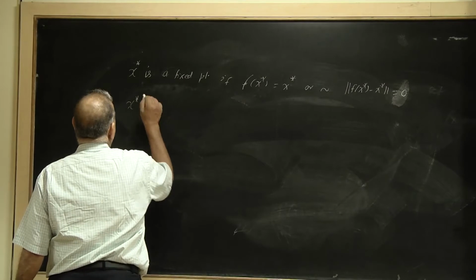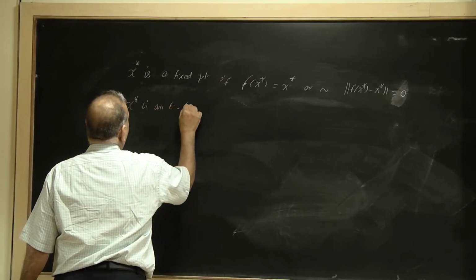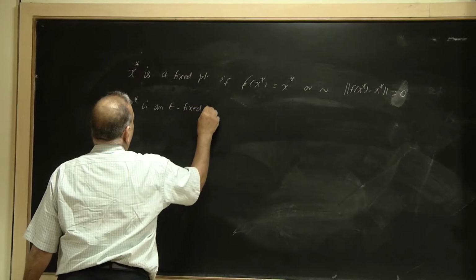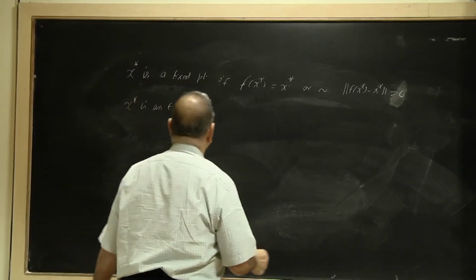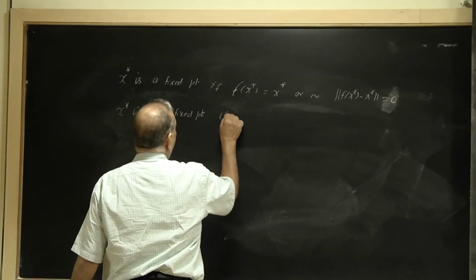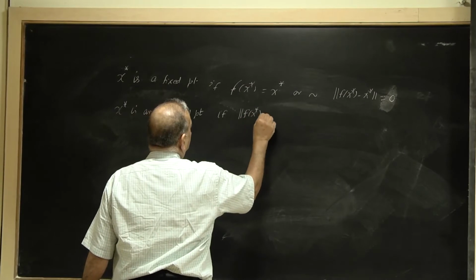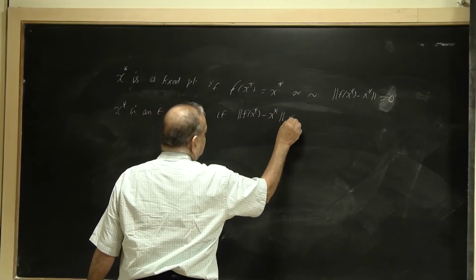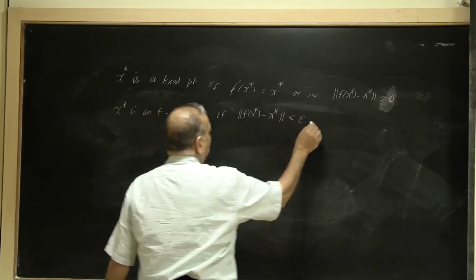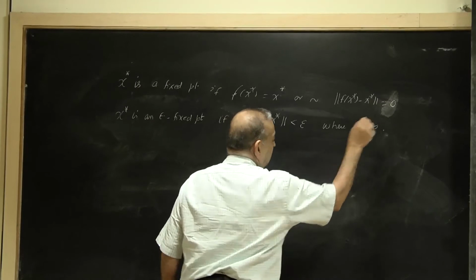x star is an epsilon fixed point. x star is called an epsilon fixed point if the norm of f of x star minus x star is less than epsilon, where epsilon is chosen by you.